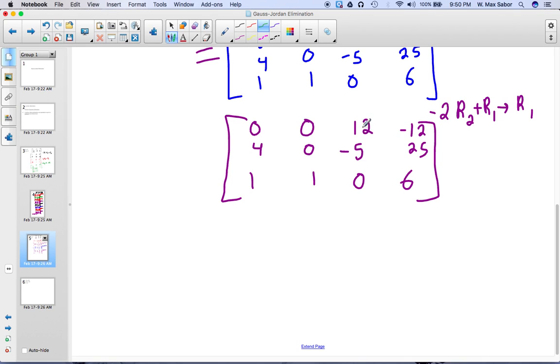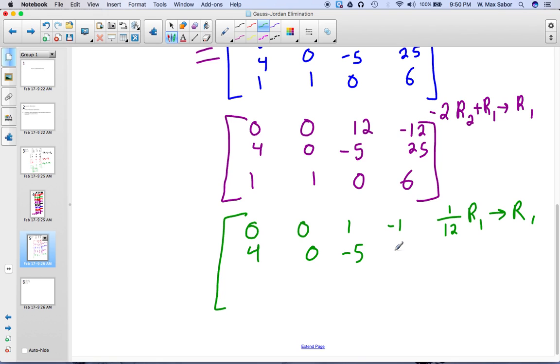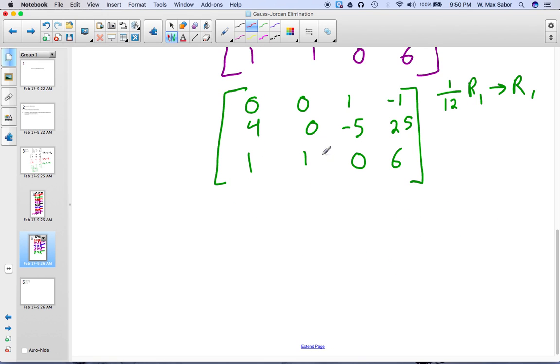Now let's divide this by 12. And we'll get 0, 0, 1, negative 1, 4, 0, negative 5, 25. Keep going. Now that we have something by itself, let's use that.